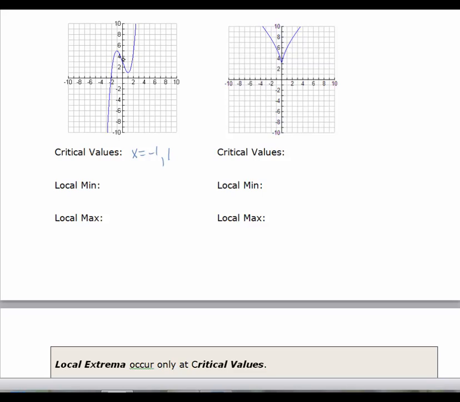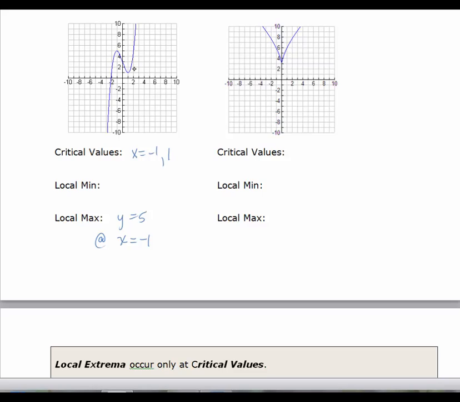I have a local max right here. Right? It's the largest value in an area, and that local max is 5. So the local max occurs at x equals -1, but the actual maximum value in that area is 5. So we have a local max of 5, so y equals 5. That is your max. It occurs when x equals -1.